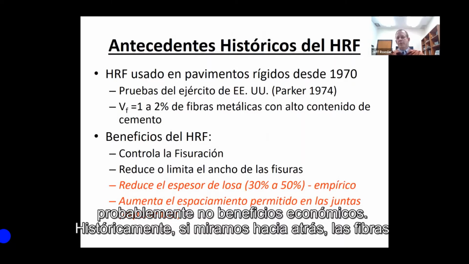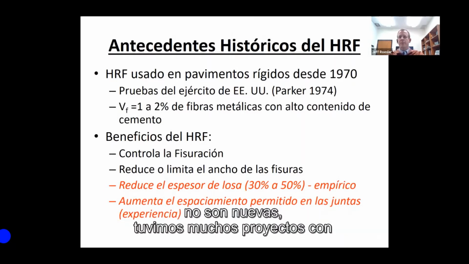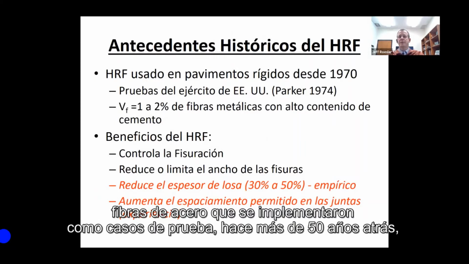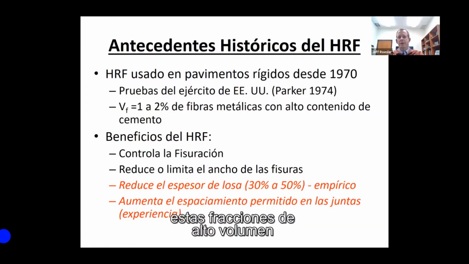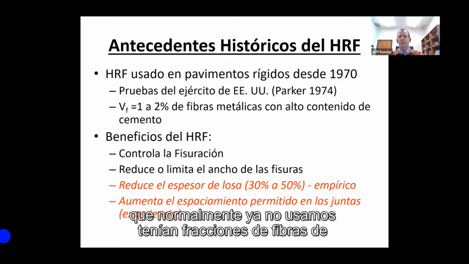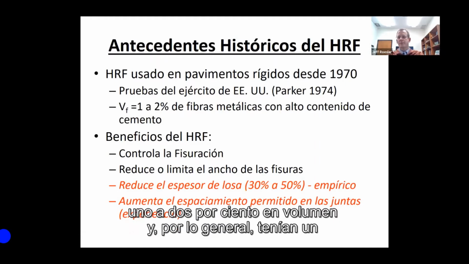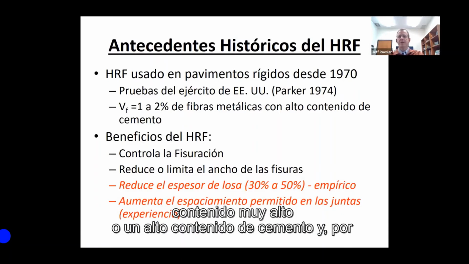Historically, fibers aren't new. We had a lot of steel fiber projects implemented as test cases about 50 years ago. These typically used high volume fractions that we don't typically use anymore, 1 to 2% volume fractions of fibers, and these typically had very high paste or cement contents.